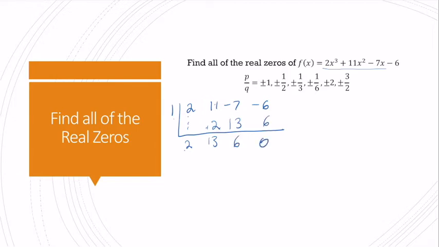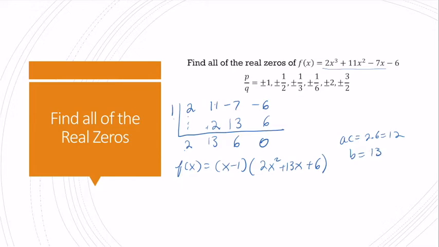So now I have the polynomial f of x equals x minus 1 times 2x squared plus 13x plus 6. And I say, okay, what are the factors of AC, which is 2 times 6, which is 12, that add up to B, which is 13.